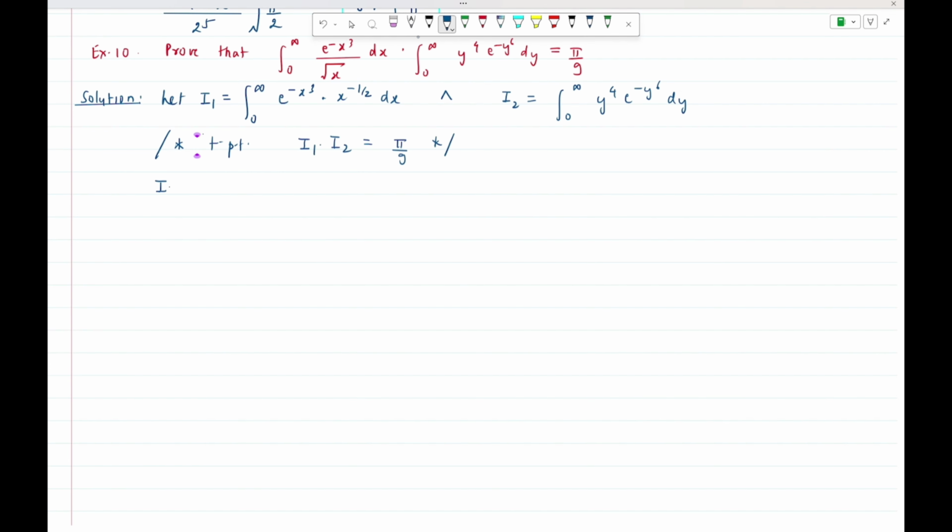So first let us try with I1. Now I1 doesn't look very nice in the standard form of type 2. So let us just rewrite. So this is x raised to negative half e raised to negative x cube dx.